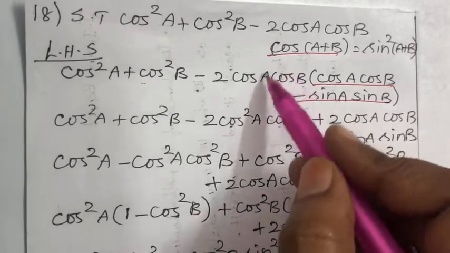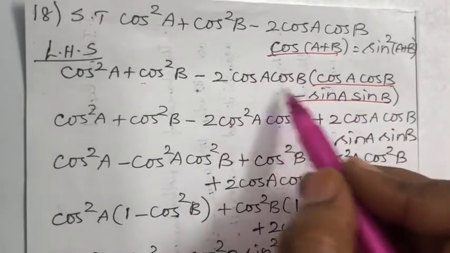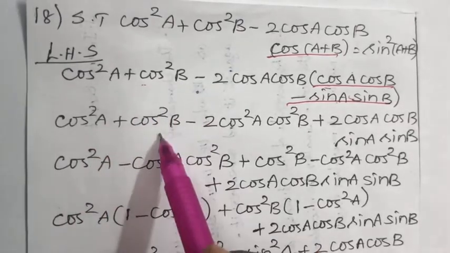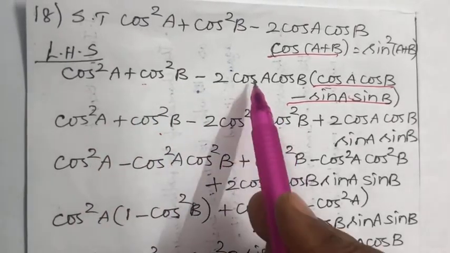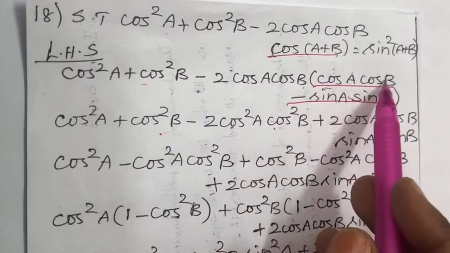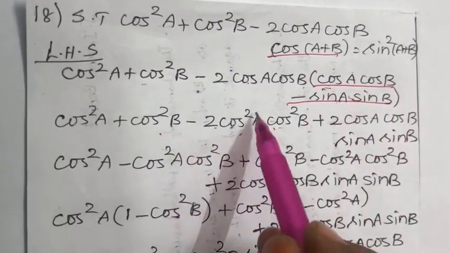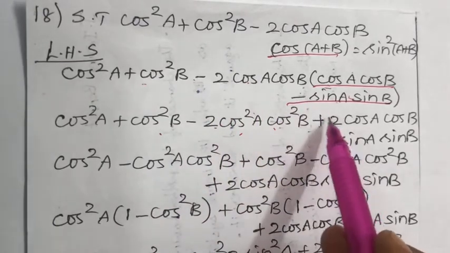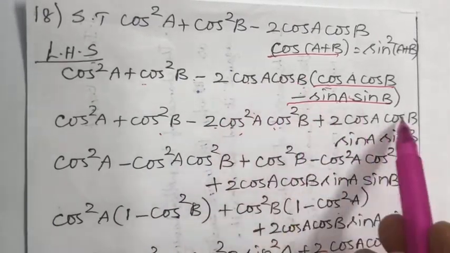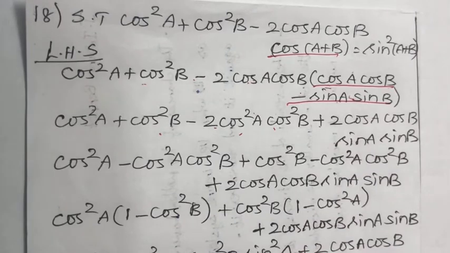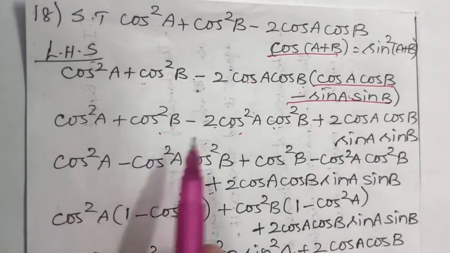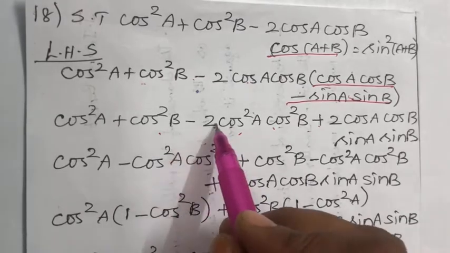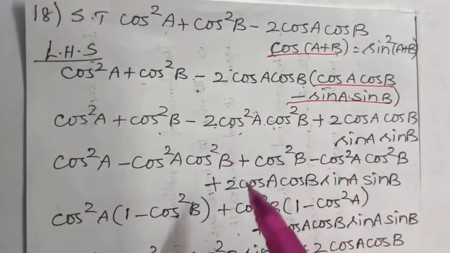Now, we can multiply 2 cos A cos B into these two terms. So cos square A plus cos square B minus 2 cos A cos B into cos A cos B. Isn't it? So minus 2 cos square A cos square B. Here minus into minus is plus 2 cos A cos B sin A sin B. So cos square A, and here minus 2 cos square A cos square B is there.